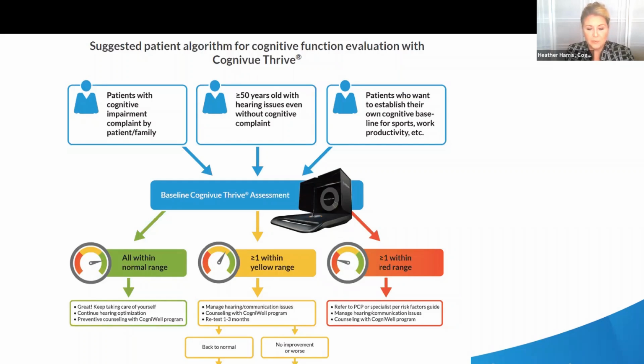The yellow zone is one that allows you to apply clinical knowledge and patient history to determine the best treatment pathway for your patient. If the patient is solidly in the green, they can and should continue to maintain a healthy lifestyle, which includes proactively managing risk factors associated with cognitive decline, including hearing health.